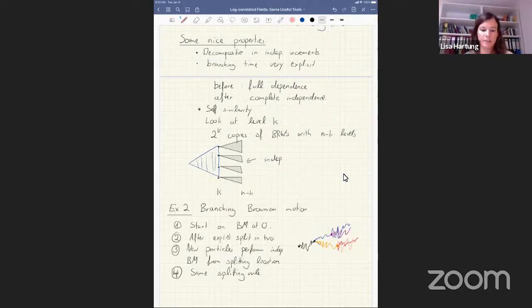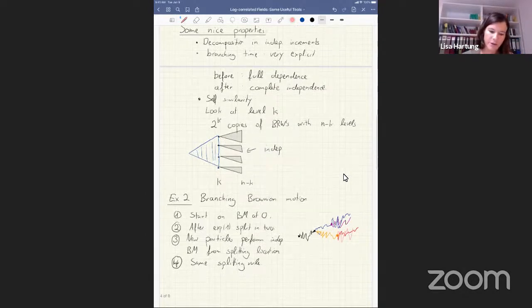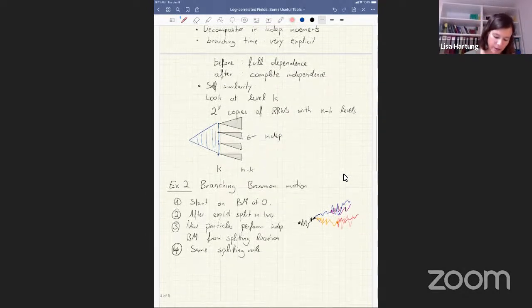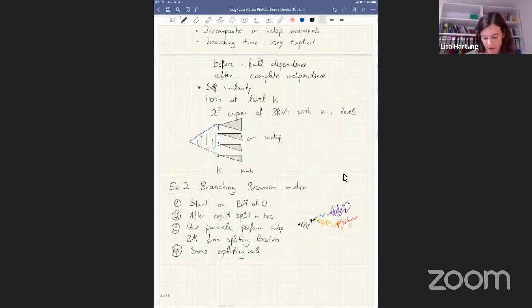And then I connect the different values that I get at each generation by Brownian motions. And so in this model, I have at time t a random number n(t) of particles.